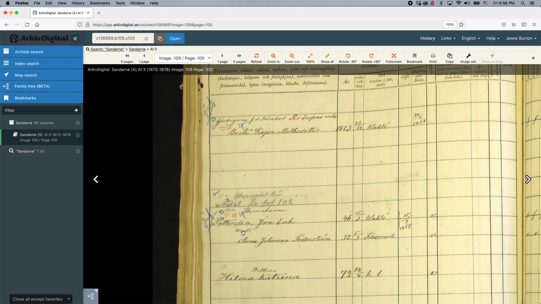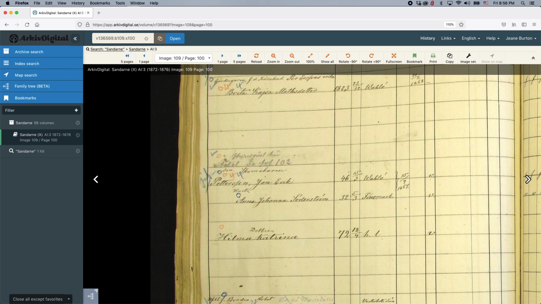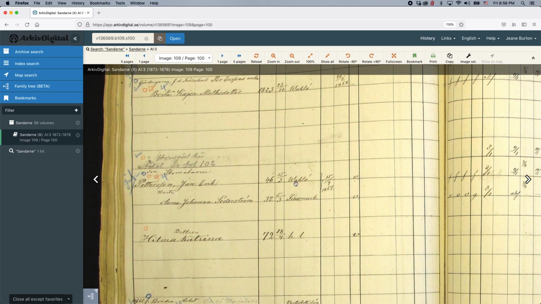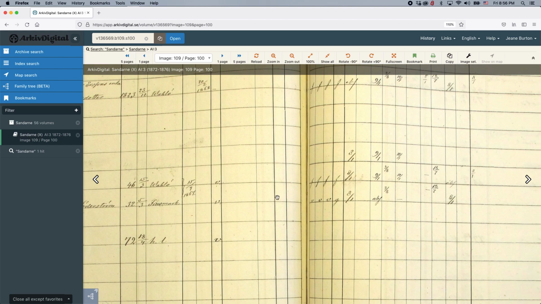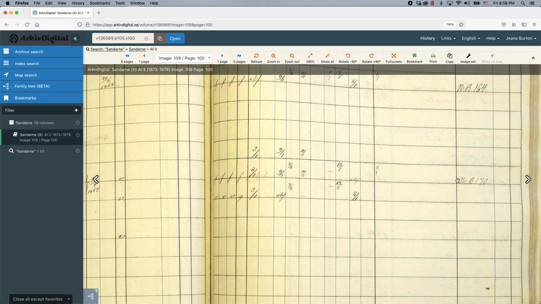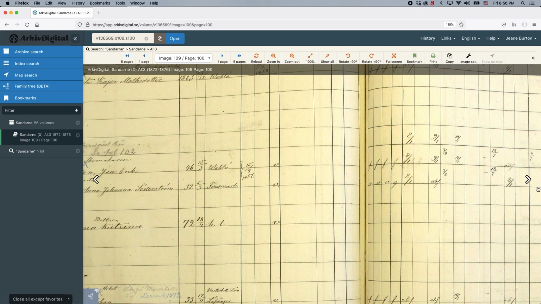So this man that we've been following is the son of Britta Kaisermatsdotter. Then we have the hustru, Anna Johanna Söderström. We have the places where they're from, Vala and Forsmark. Tells their years of birth, 1846 and 1832. Tells us that they will be found in the next book on page 170.